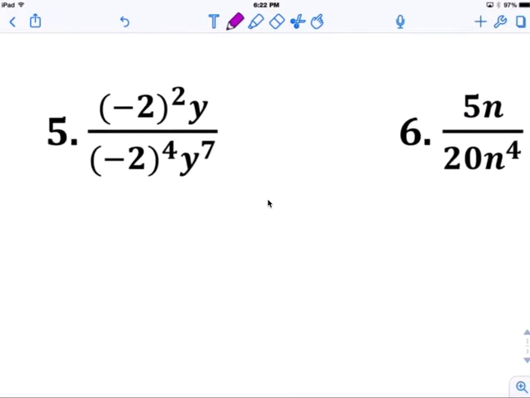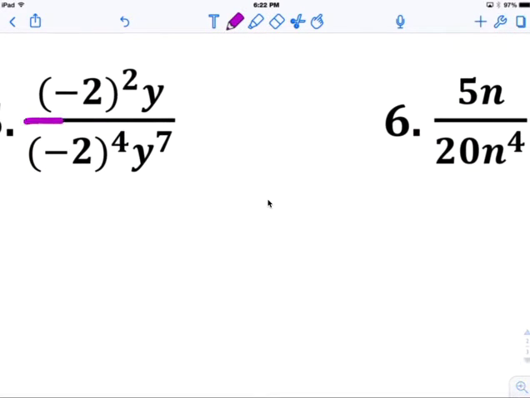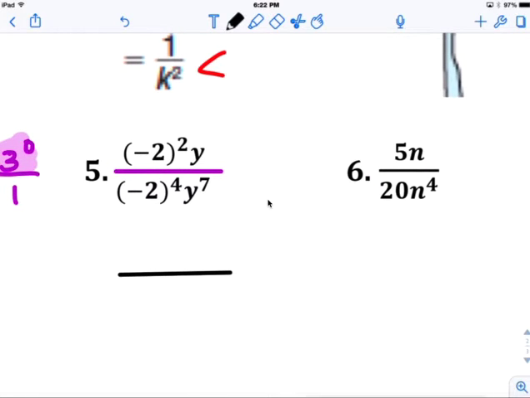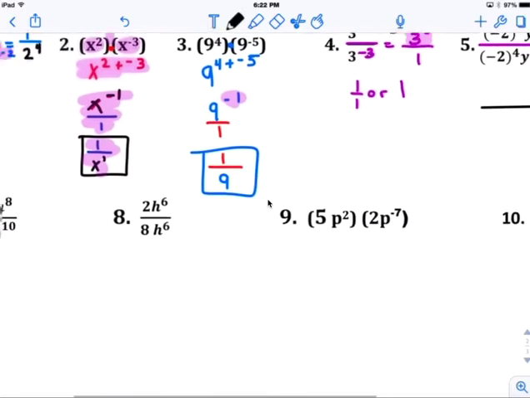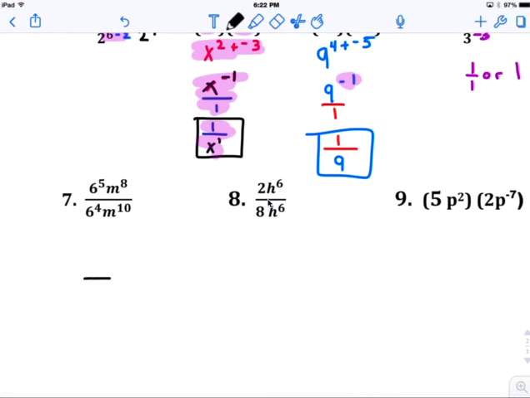Okay? Division means I subtract the exponent. So, when I see divide, I need to put that line in again. Okay? See divide, put in the line. All division, put in the fraction bar you see here. Don't miss the fraction bar with division. It stays.